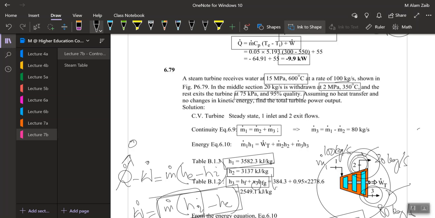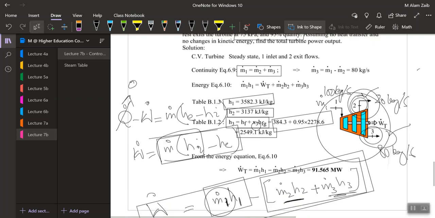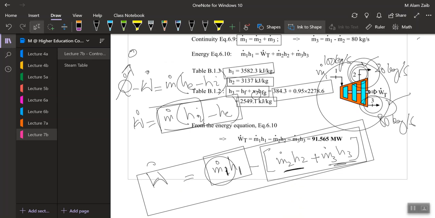Just putting in the values you will find the enthalpy. Once you find the enthalpies, put all these values in the equation you have just derived, and the work done would be equal to 91.65 megawatt.